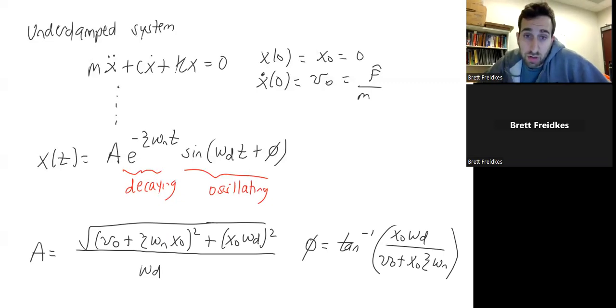So those are our amplitude and our phase that we derived in note set 5, I think, for an underdamped system.